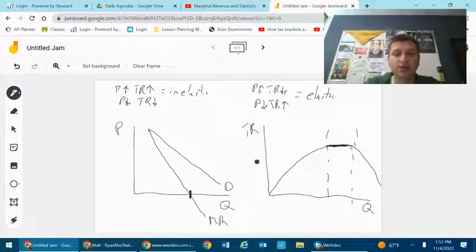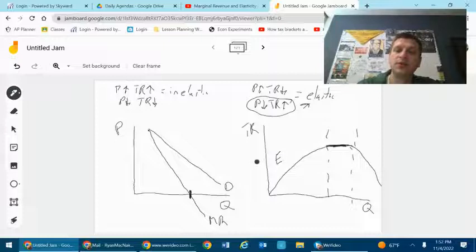So when we're decreasing our price, this is what's happening to our total revenue. So we're decreasing the price and the total revenue is increasing up until the point where it flatlines, where marginal revenue equals 0. That means we're lowering our price and our total revenue is increasing. That's this. That means we are elastic on this part in our total revenue curve.